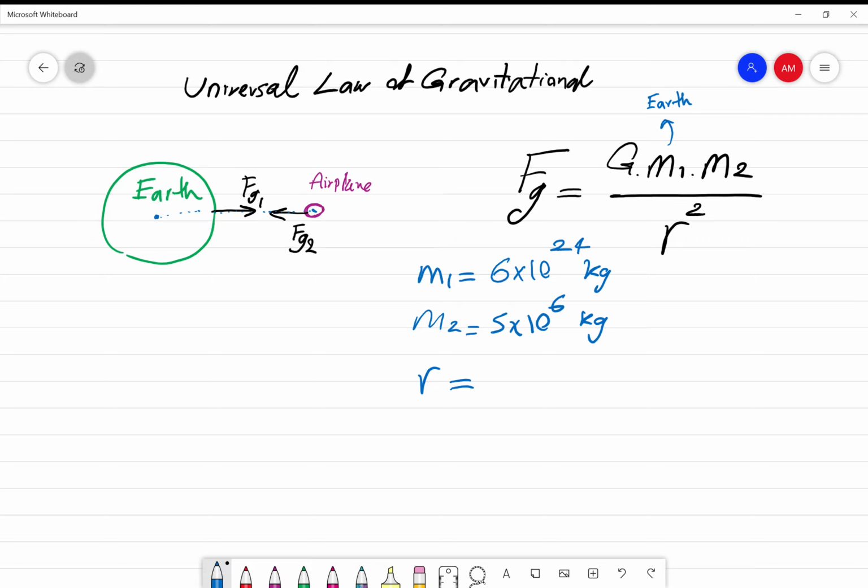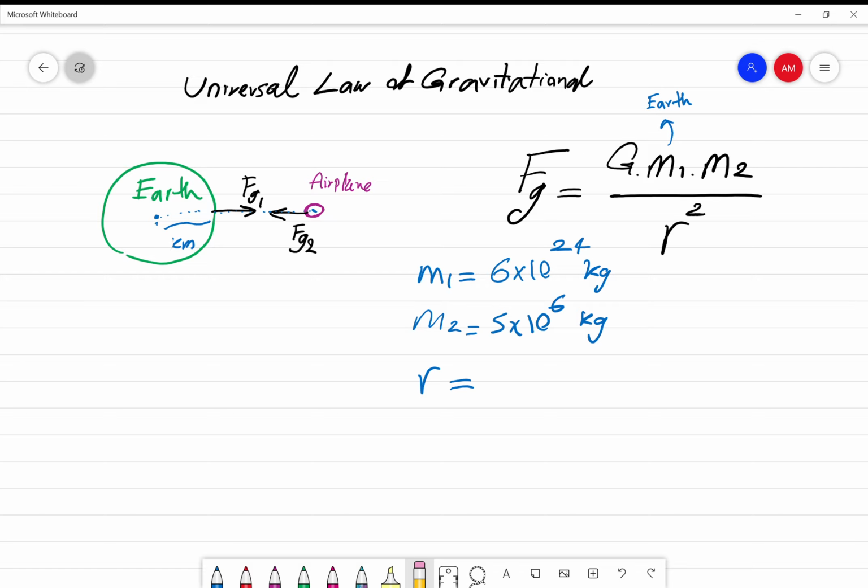The radius of Earth, it means this distance from here to here, is equal to 6,000 kilometers. Again, roughly. So obviously it's not exactly 6,000 kilometers, but I put 6,000.